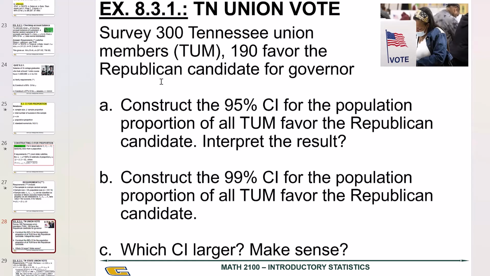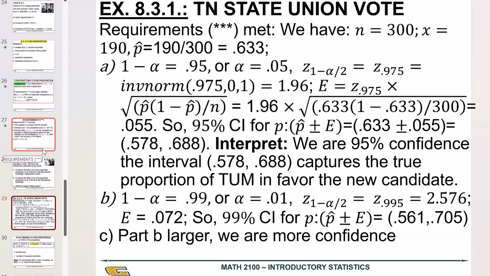Interpret the result, and then construct a 99% confidence interval for the population proportion of all TUM who favor the candidate. Which CI is larger? And does it make sense?